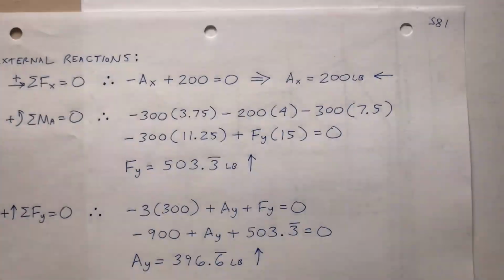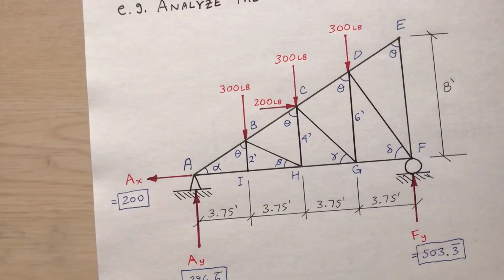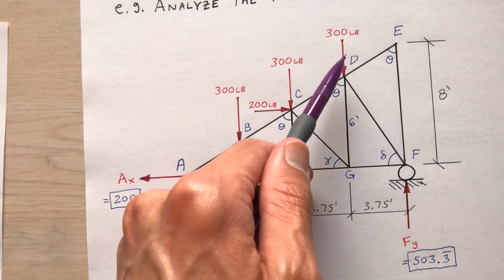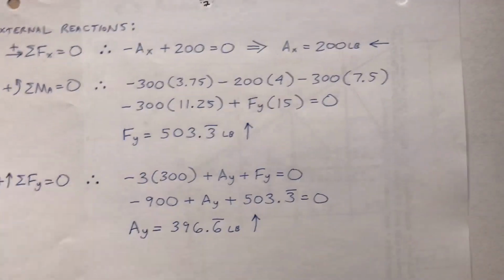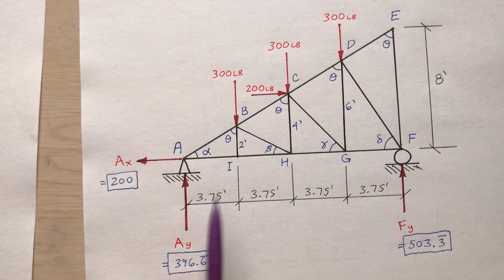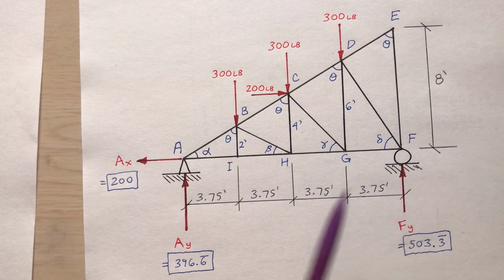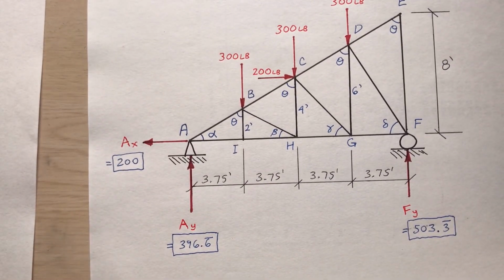That's the 7.5 that you see here. Minus 300 times 11.25. That'd be this load. And then the plus F sub y times 15 here. The right reaction times 3.75 times 4, that's the 15 feet. So I have all the external reactions on here.